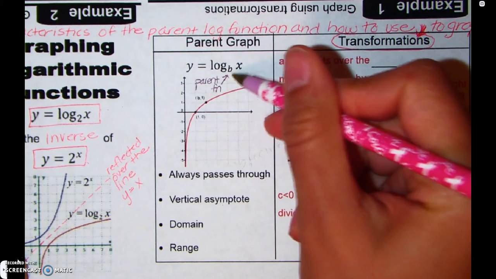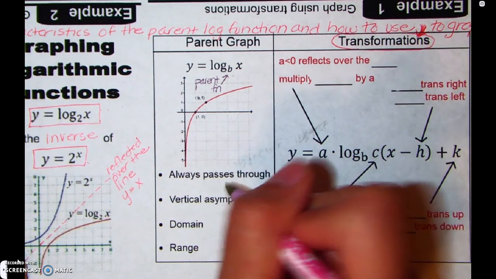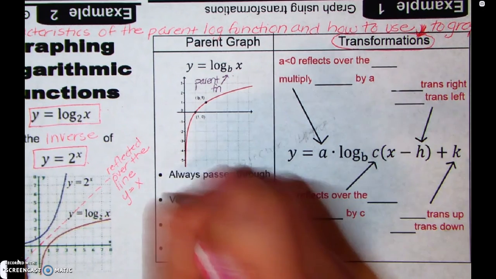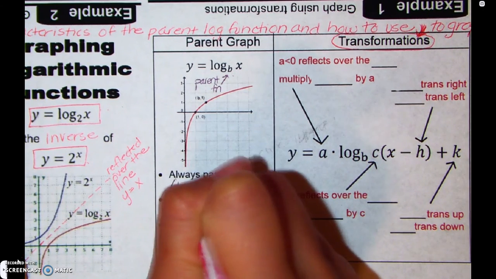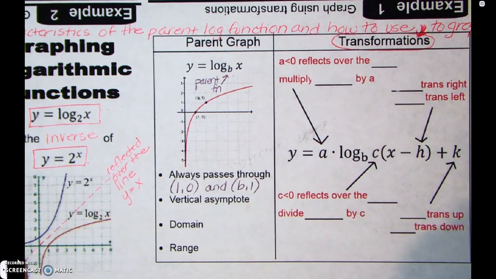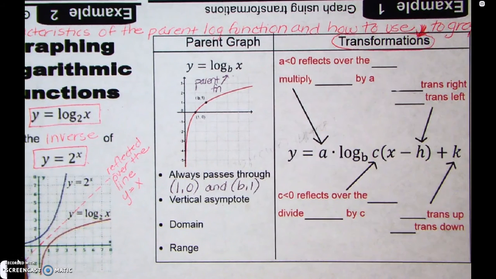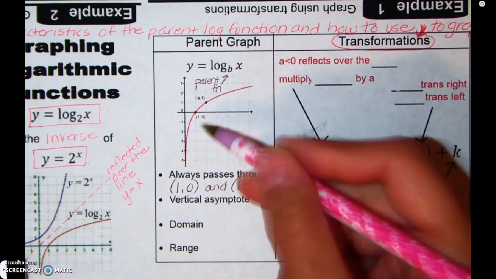So if it's log base 3 of x, then that would be your parent function, and of course we're going to add some transformations to it. The parent function always passes through the points (1, 0) and (b, 1). So whatever our base is, it will pass through that base point and (1, 0).